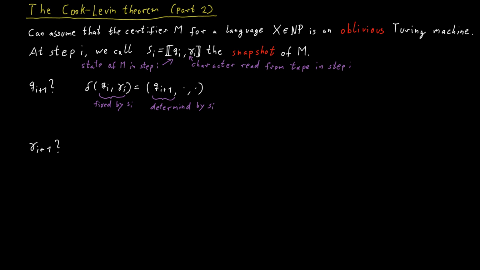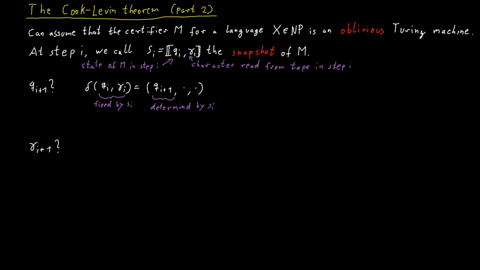And the second situation is where the next character we read is not something we wrote to the tape in a previous step, but is part of the initial input. So it was never written by the Turing machine, it was just provided as part of the input. It's the first time we are visiting that particular cell on the tape, and we are just reading whatever character is provided from the input bits.